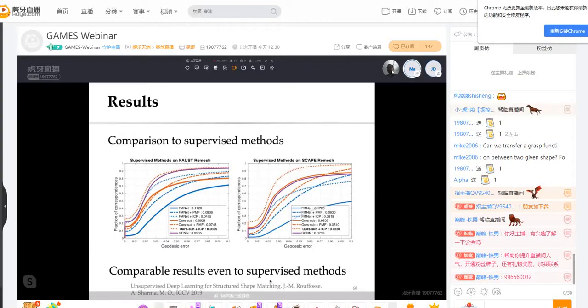I found this really remarkable because supervised methods require some ground truth correspondences, and somehow they use those ground truth mappings. But this method is purely unsupervised and still can produce comparable results to supervised techniques. So I think just the fact that you have a lot of training data doesn't necessarily mean that your method is going to be better, because how you use this training data is very, very important. To me, this is an interesting consequence.